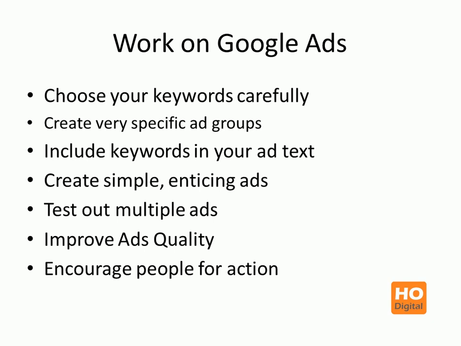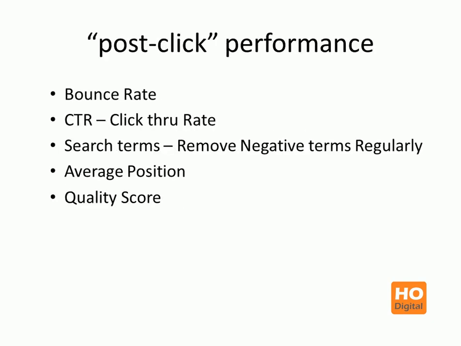Let me take you through the second slide now. What happens once there is a click? What are the post-click performance metrics you should measure regularly? One is the bounce rate. Bounce rate is where, suppose 100 people come to your website, how many bounce back from that specific page? So we generally take it as 50%, 60%, 70%.